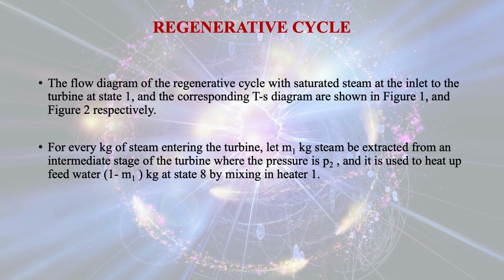For every kg of steam entering the turbine, let m1 kg of steam be extracted from an intermediate stage of the turbine where the pressure is P2, and it is used to heat up feed water of 1 minus m1 kg at state 8 by mixing in heater. But dear learners, you must remember that the initial pressure of steam before entering into the turbine is P1.